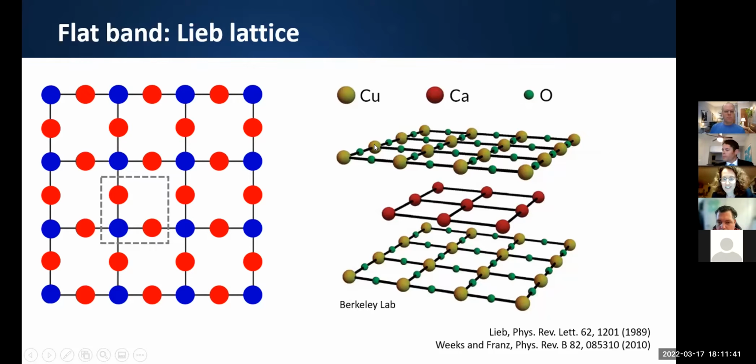You see here these copper oxide planes. But in 2D, it doesn't exist. From theory, we know what it should look like, but we don't know experimentally. That should, of course, be established.